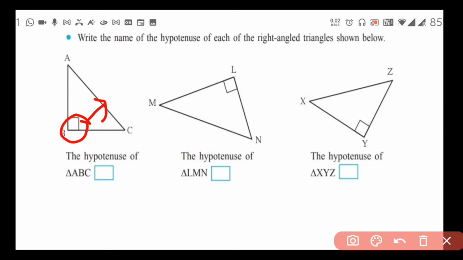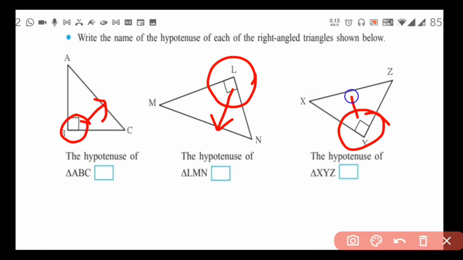Similarly, when we observe triangle LMN, angle L is 90 degree and side which is exactly opposite to angle L is side MN. So side MN is hypotenuse in this right angle triangle. Similarly, in triangle XYZ, angle Y is 90 degree and side which can be seen exactly opposite is side XZ. So side XZ is hypotenuse of triangle XYZ.